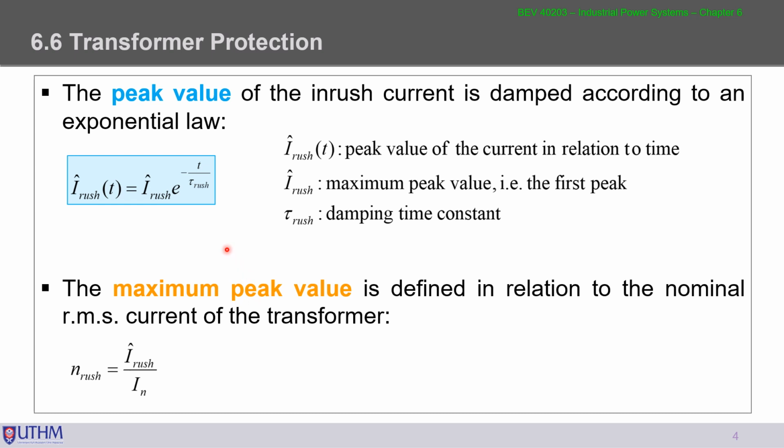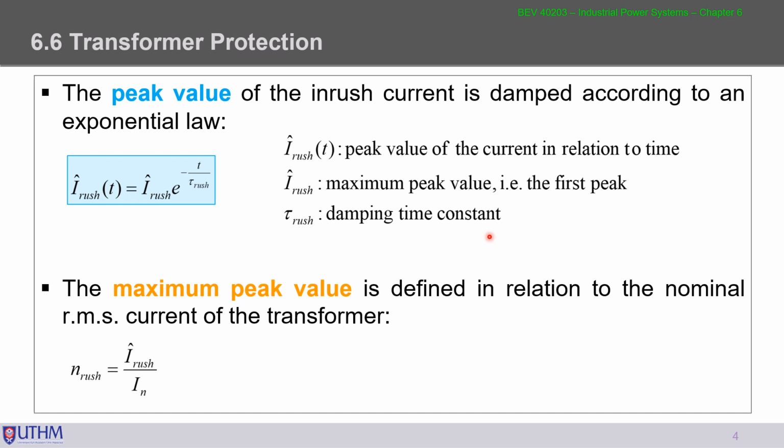Here is the formula, from the exponential curve. The peak value of the inrush current is damped according to an exponential law. I inrush at time t is equal to I inrush exponent minus t divided by tau, where I inrush at time t is the peak value of the current in relation to time, and I inrush is the maximum peak value, for example the first peak of the curve, and tau is the damping time constant.